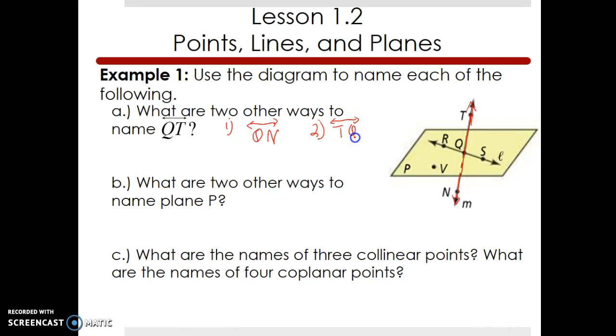Remember, QT and TQ is the same exact thing. You can flip them and they still mean the same line. And the last one I wanted to show is, remember, there's another way. Apart from using 2 points, you can use a lowercase letter. So you could have also written line M. You could use a lowercase letter to name a line.